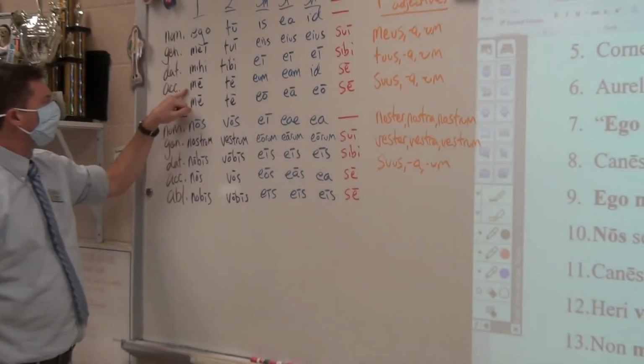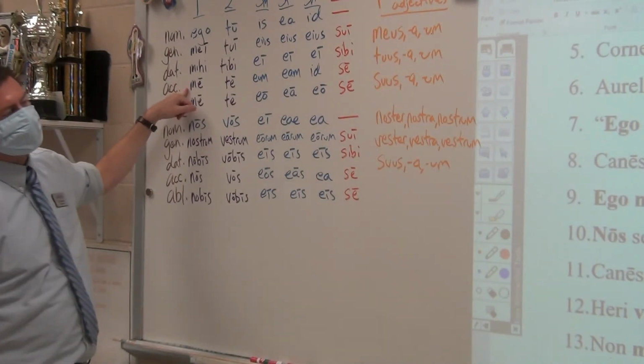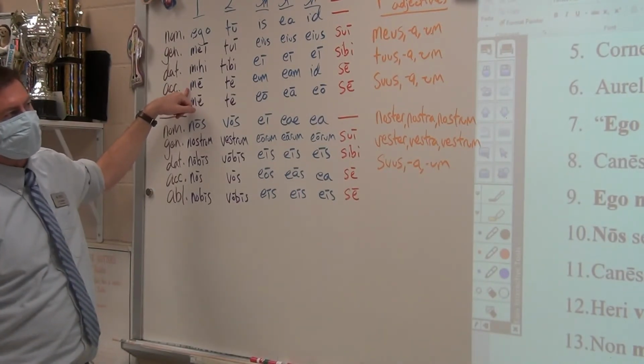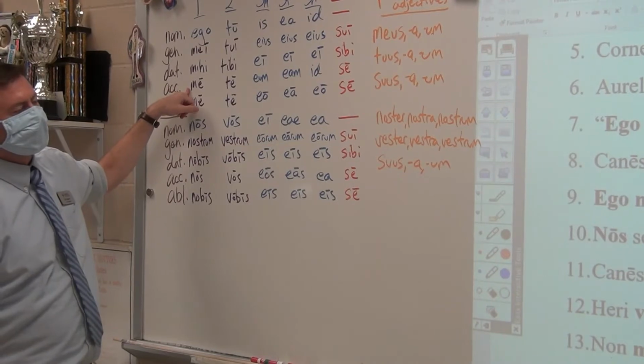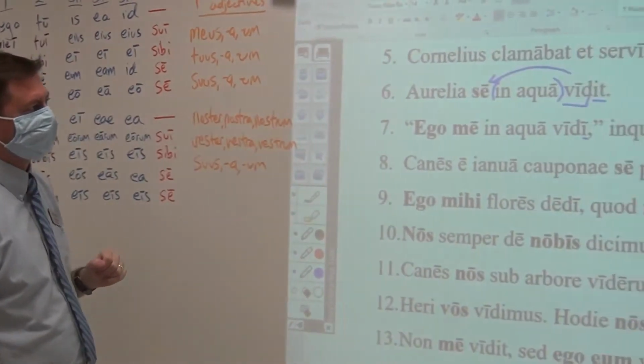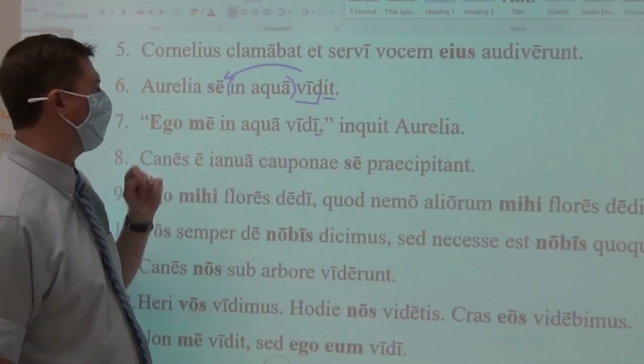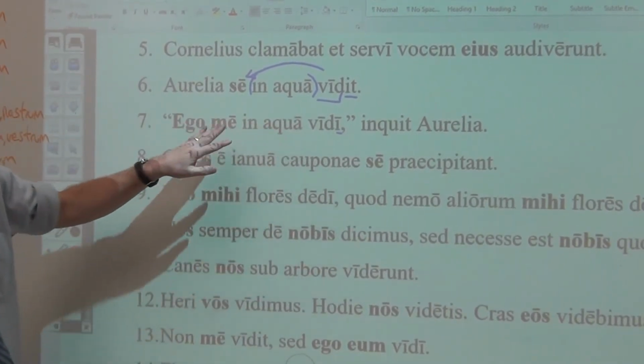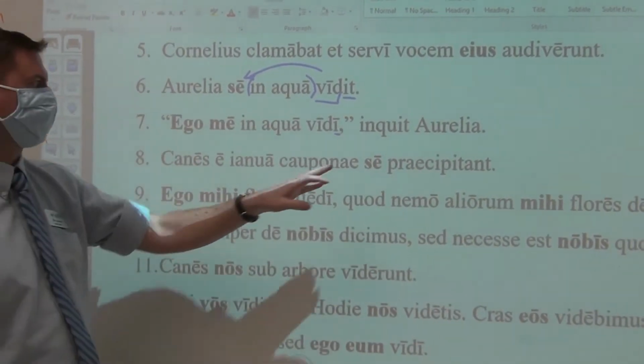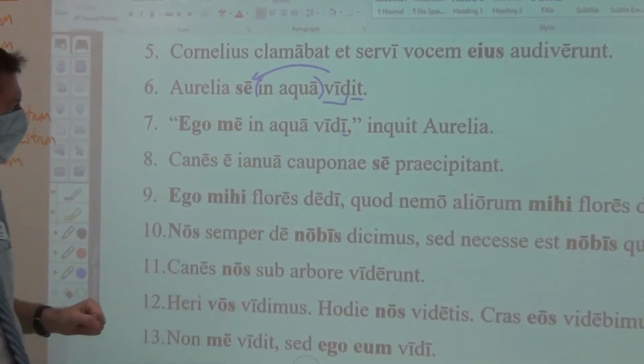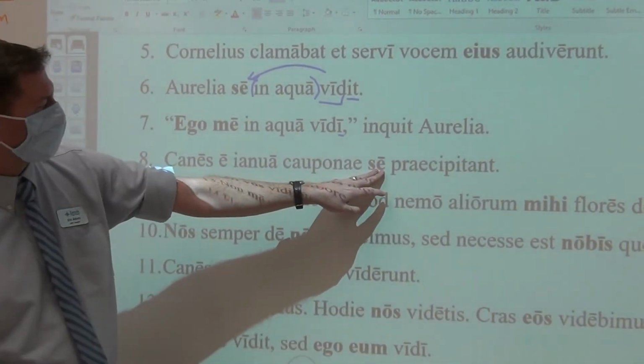It is purple. And since the me refers to the same as the subject, I and me are the same person, then here it is reflexive. So you cannot say I saw me in the water, but rather I saw myself in the water. Aurelius said, again, himself, herself, itself, or themselves.